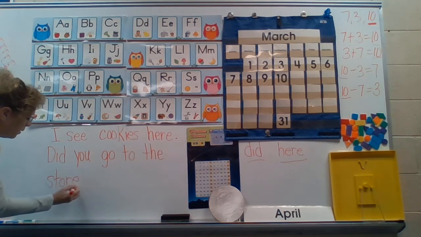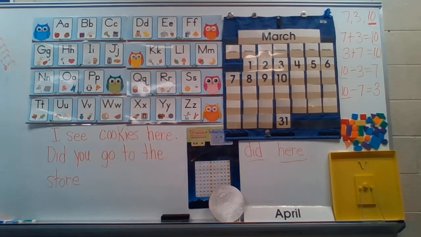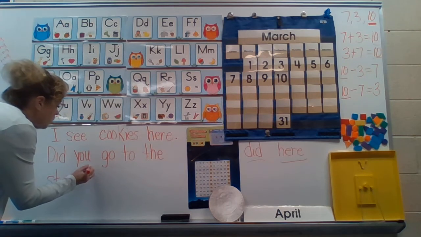S-T-O-R. Did you go to the store? Oh, I heard my voice go up. I'm asking a question. I see cookies here. Did you go to the store? I definitely need a question mark.